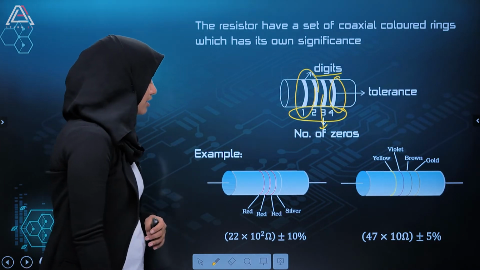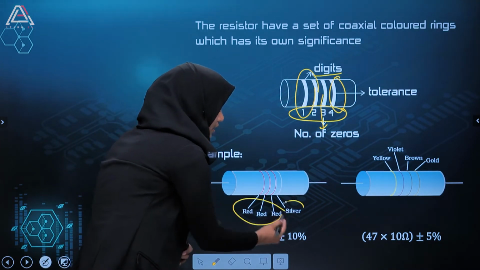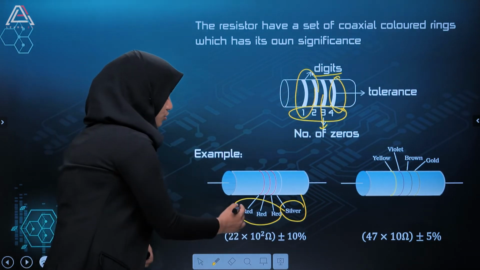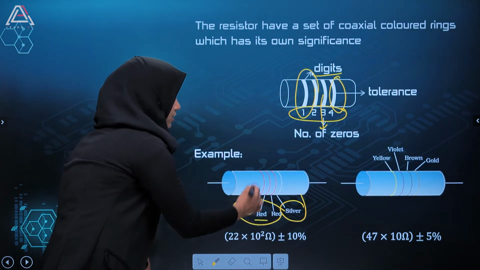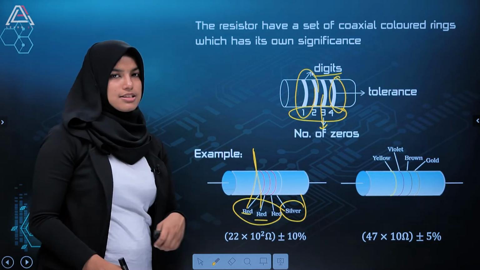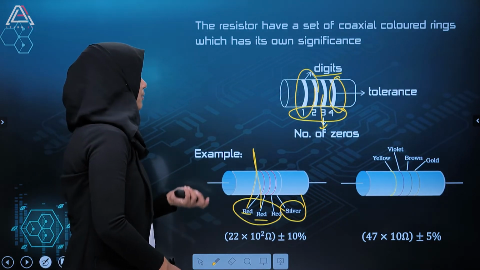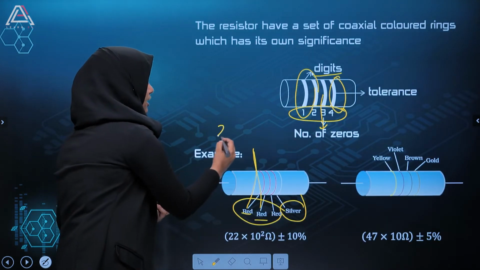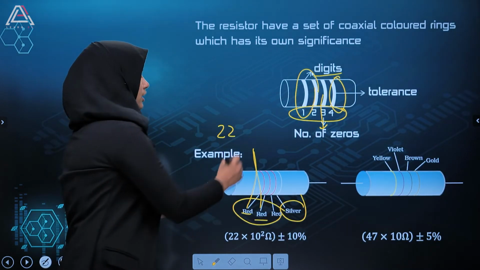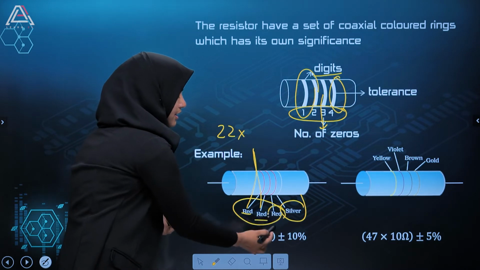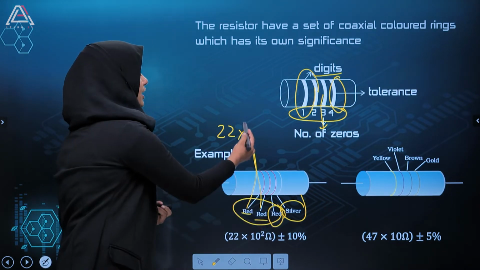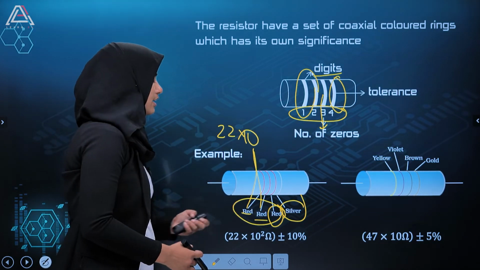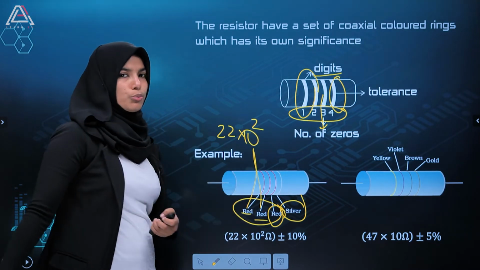Here you can see three red colors and one silver color. As the figure indicates, the first two represent the digits, so we just put the number corresponding to each. Red represents 2, so I will write 2, 2. The third represents the number of zeros, so 10 is the base, and red represents 2, so 10 raised to 2.